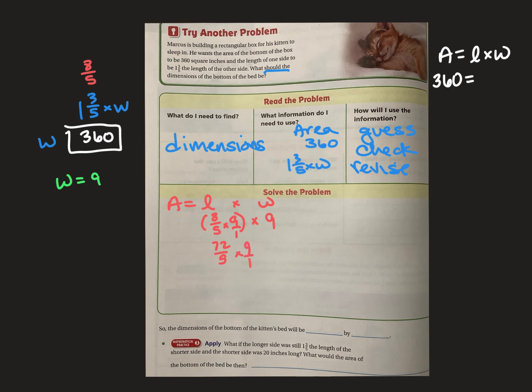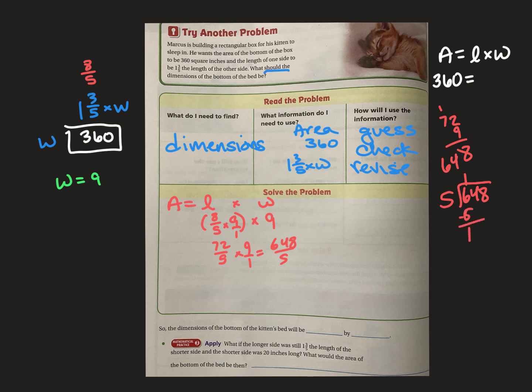That's a bad choice. Now I have these gigantic numbers. 72 times 9. I have to do it over here. That's 18. 63, 64, 648. And 5 times 1 is 5. Now I have to convert that back out again. 5 times 1 is 5.